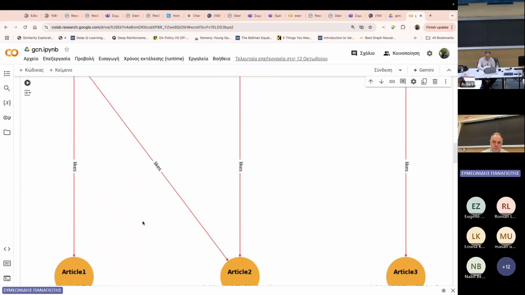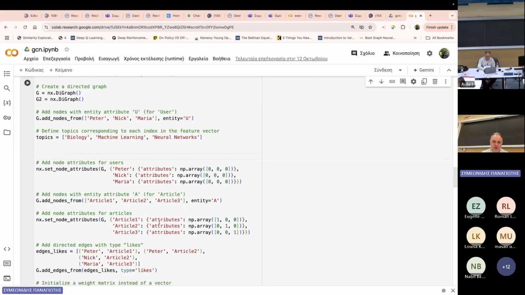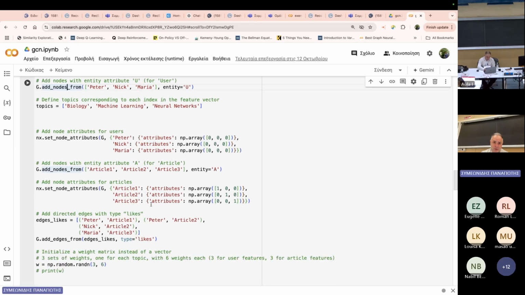and then we represent the nodes of the graph, Peter, Nick, and Maria, with vectors.